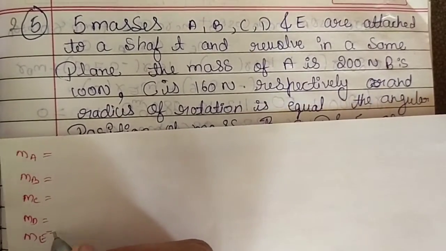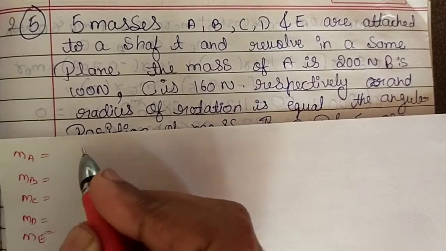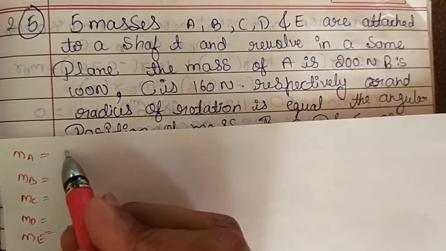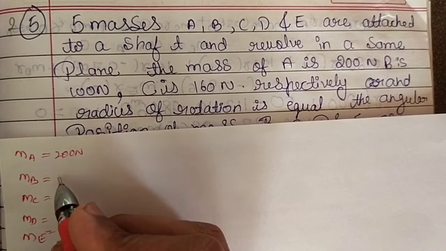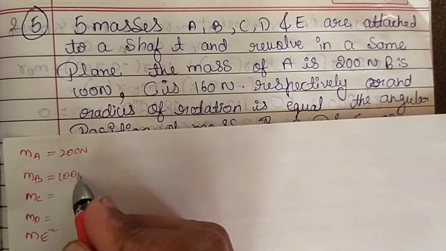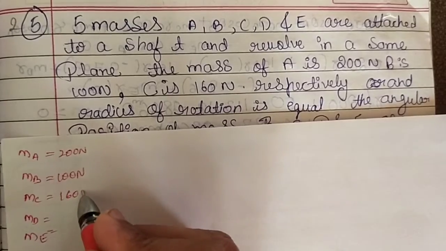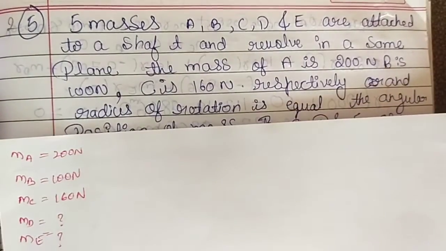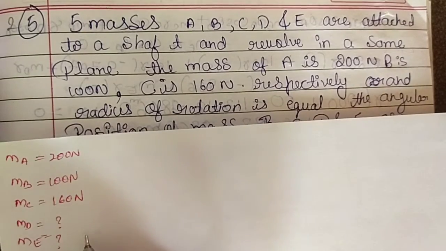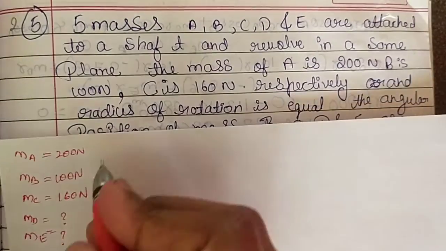MA is given as 200 Newton, MB is 100 Newton, MC is 160 Newton. MD and ME you should find. In 5 masses, always two masses will not be given, that you have to find.